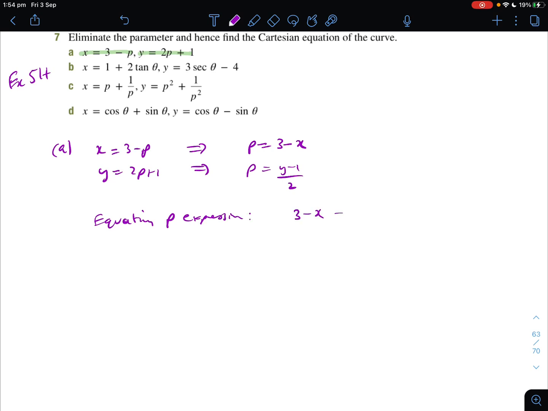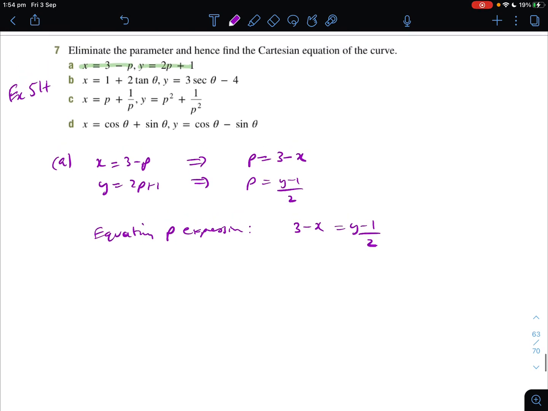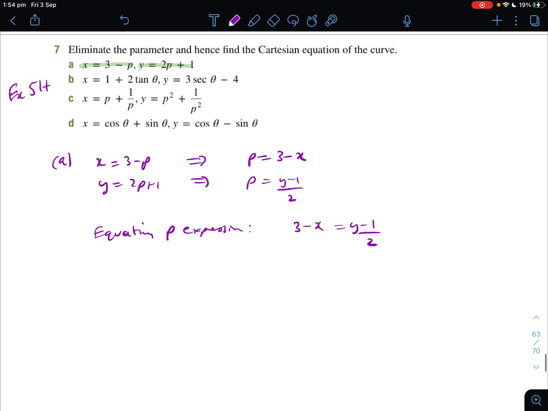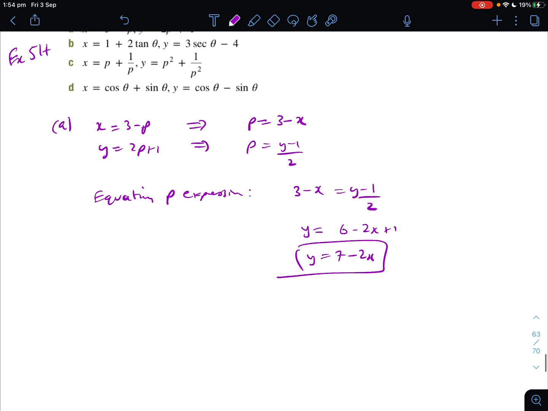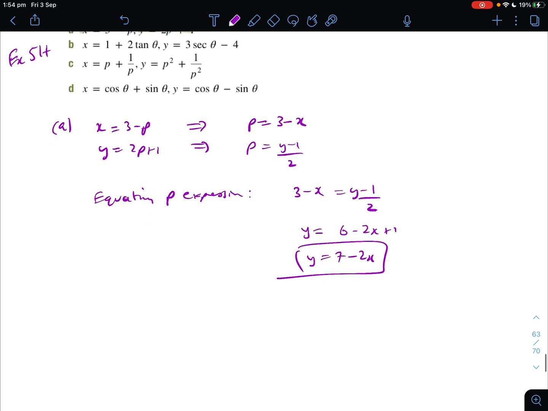That gives 3 minus x equals y minus 1 on 2, which is to say basically y equals 6 minus 2x plus 1, so 7 minus 2x is the direct relation between x and y.